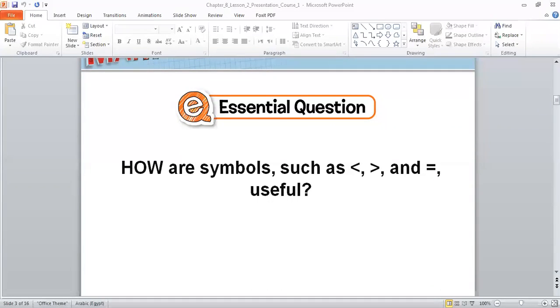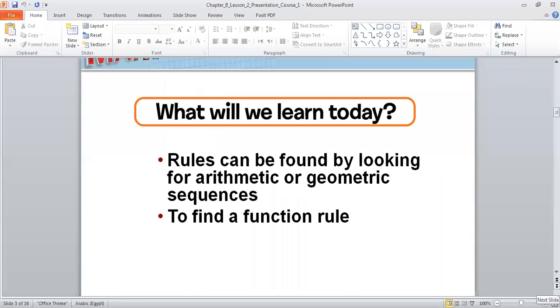Okay, the next one. Who can read the next one? Yes, Khaled. I want an answer. Read this slide, please. What we need to learn today, Khaled.